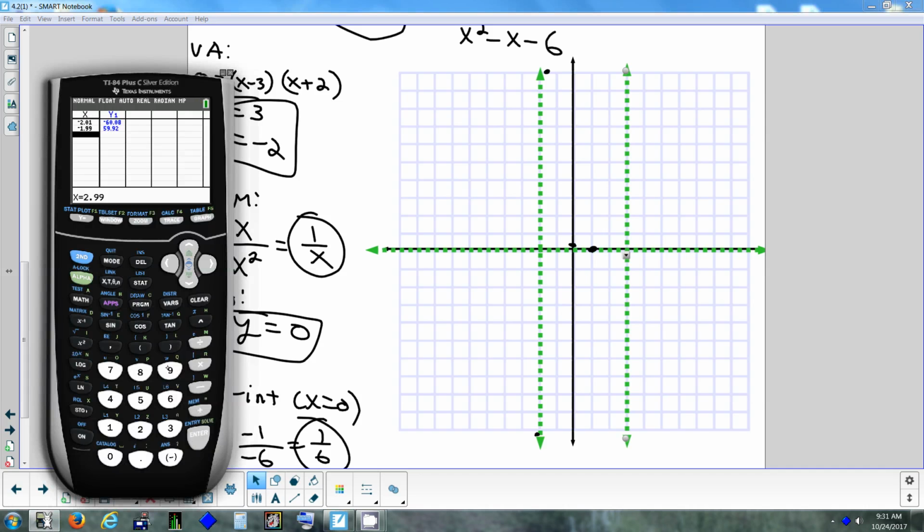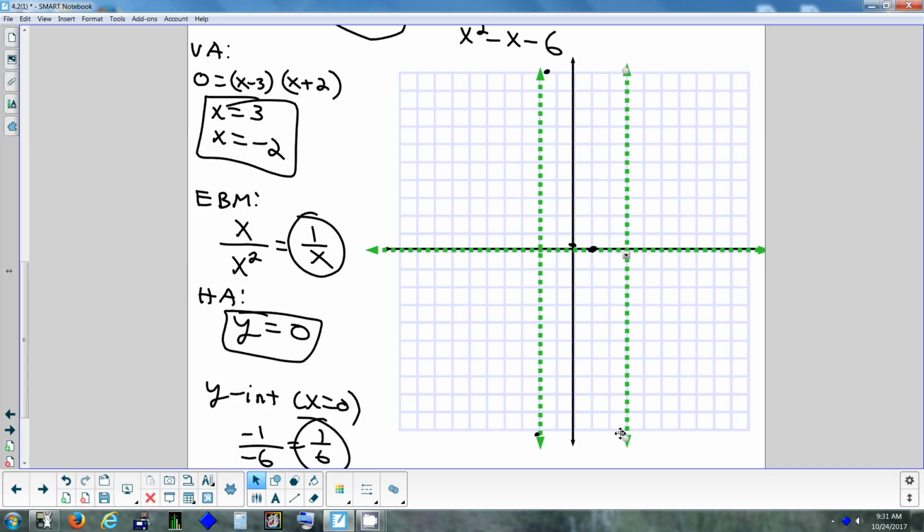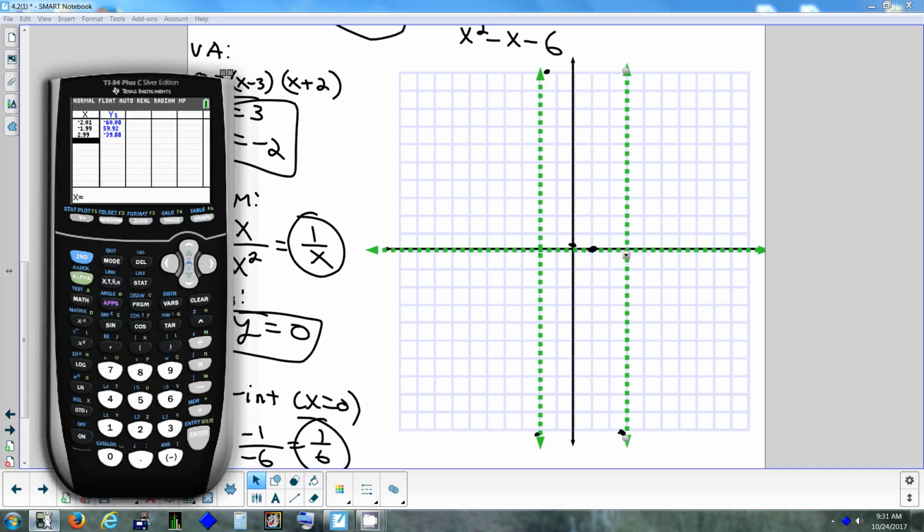So at 2.99, the graph is down very, very low. What would be a value just after 3? 3.01. All right, so 3.001. And we're way, way up, positive 400.